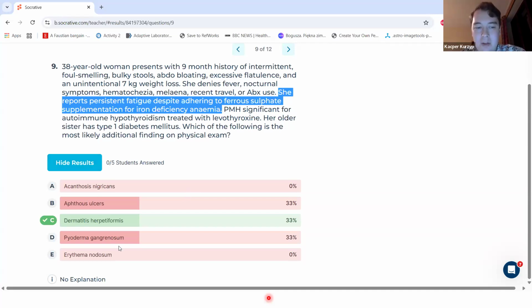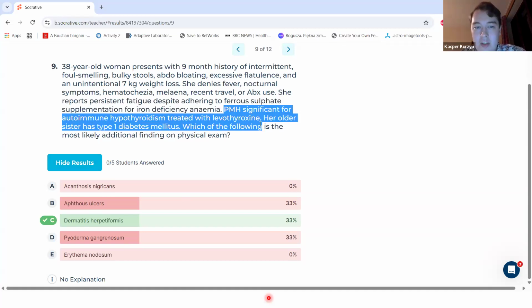I can see pyoderma gangrenosum and aphthous ulcers among the options. You've remembered that those are Crohn's presentations. That's good. However, she has a strong autoimmune history, and also this disease is intermittent. We are thinking something's fluctuating, and this is a more typical presentation of celiac disease.